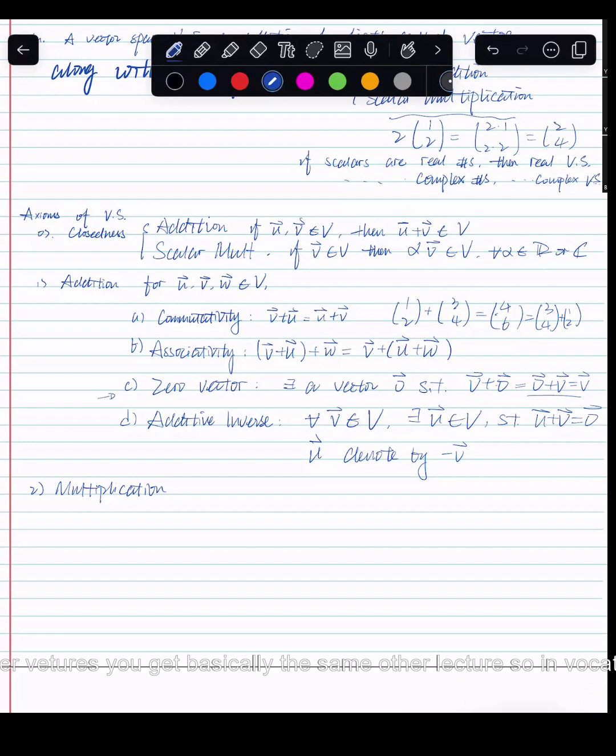So in multiplication, there's also an identity, and we know that it's one. So the number one multiplied by any v equals v itself, for all v in V.